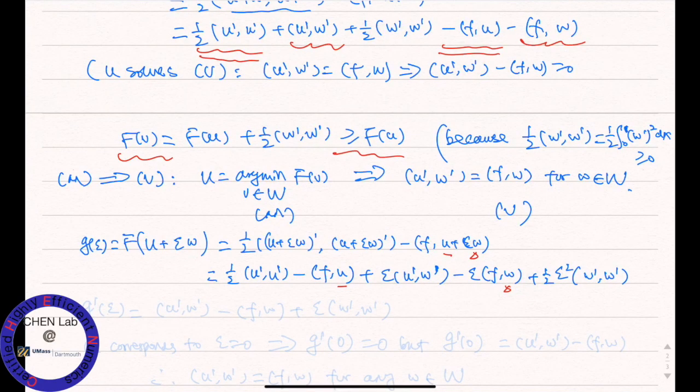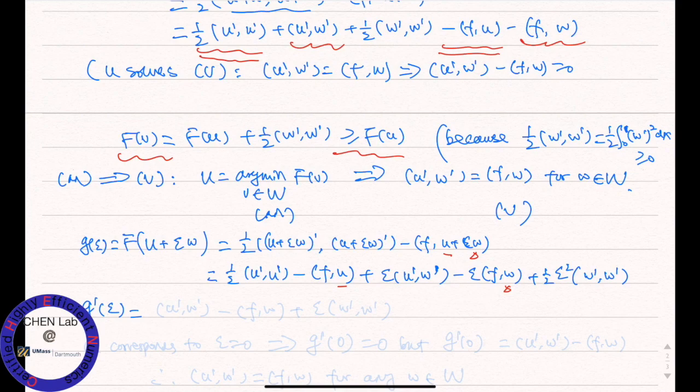Okay, so this is a function of epsilon, and again, we need to look at the derivative g'(epsilon). Now it's a function of epsilon, so you take everything else as constant.